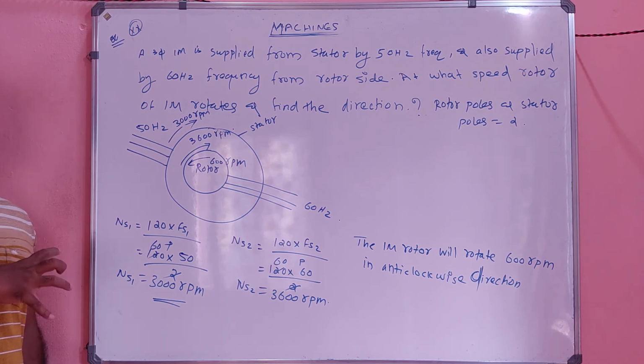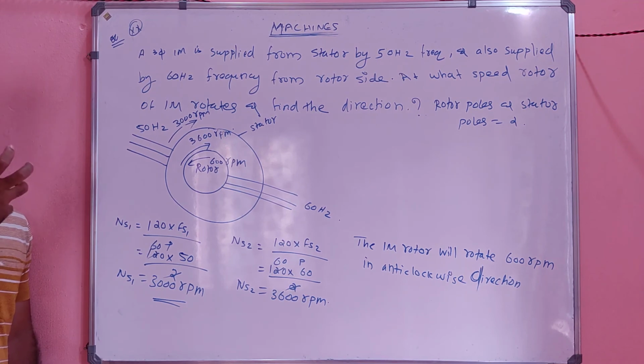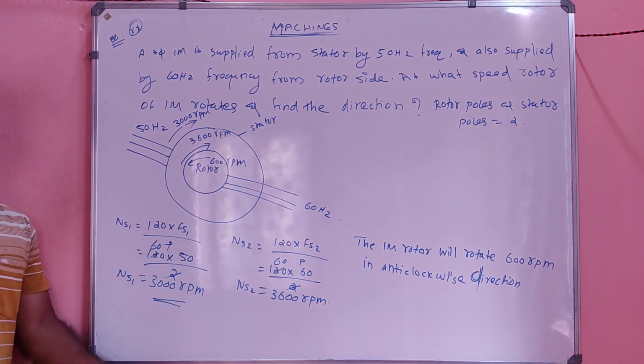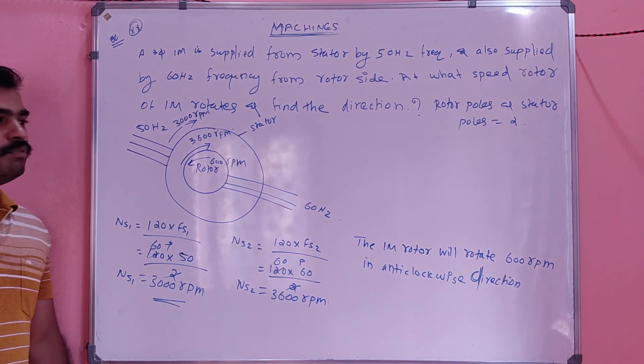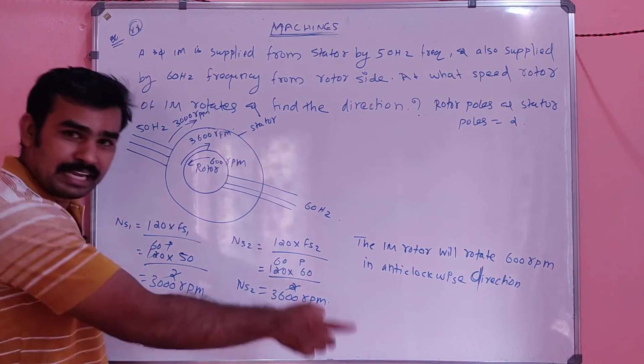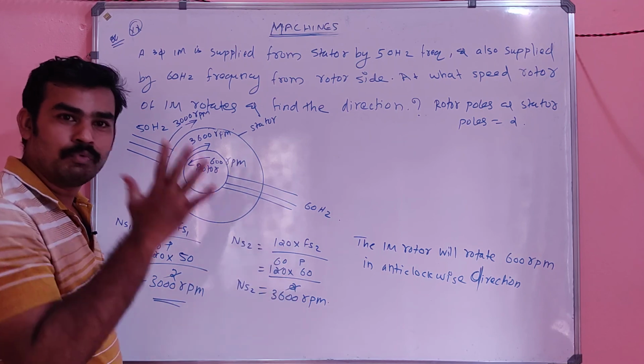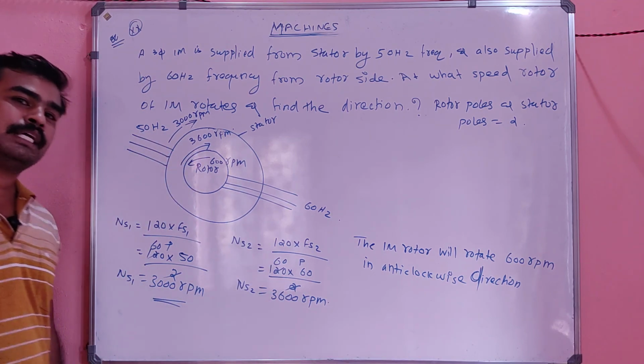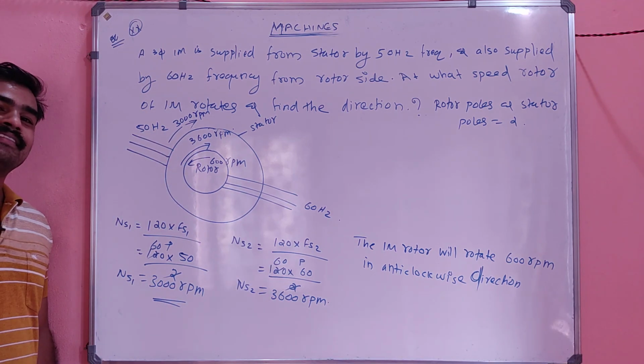This is by experience, by analysis, by deep understanding and feeling. That feeling only gives you answers like this. Definitely you will get answers from a book, but you will not get the feel from the book.